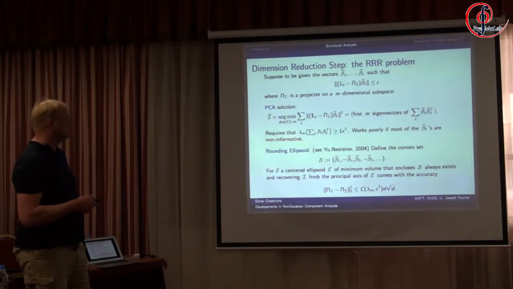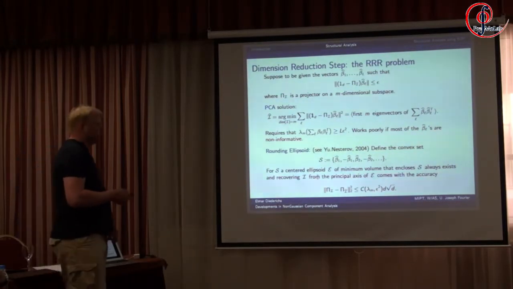if the estimated elements beta are not informative, the solution will be very volatile and very bad, and in order that the solution is nice, it's necessary that the m-th eigenvalue is larger than L times epsilon squared. Epsilon squared is our error bound from the first lemma, and L is the number of test functions that we have chosen.